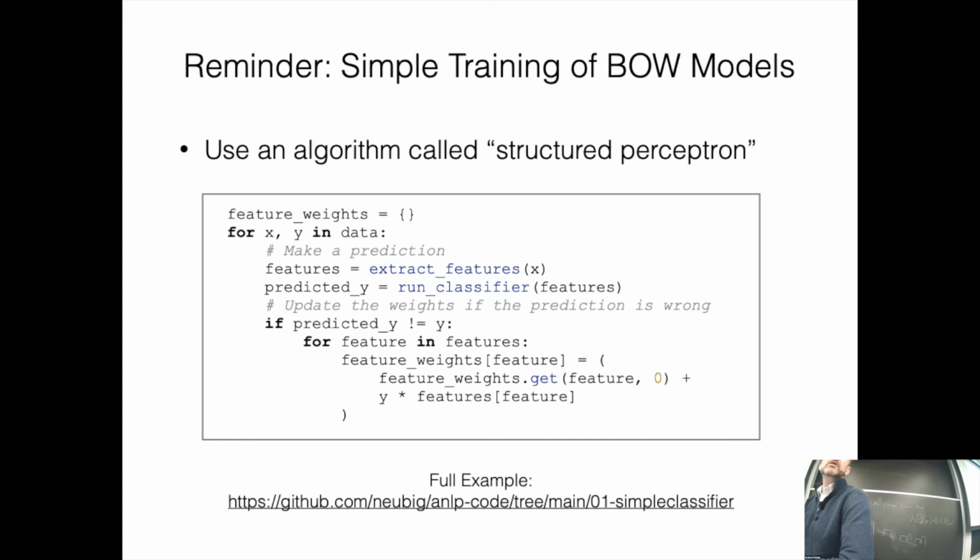I showed an example of this very simple algorithm. You don't even need to write any NumPy or anything like that to implement it. Here it is: for x, y in data, we extract the features, we run the classifier, we have the predicted y, and then we increment or decrement the features.